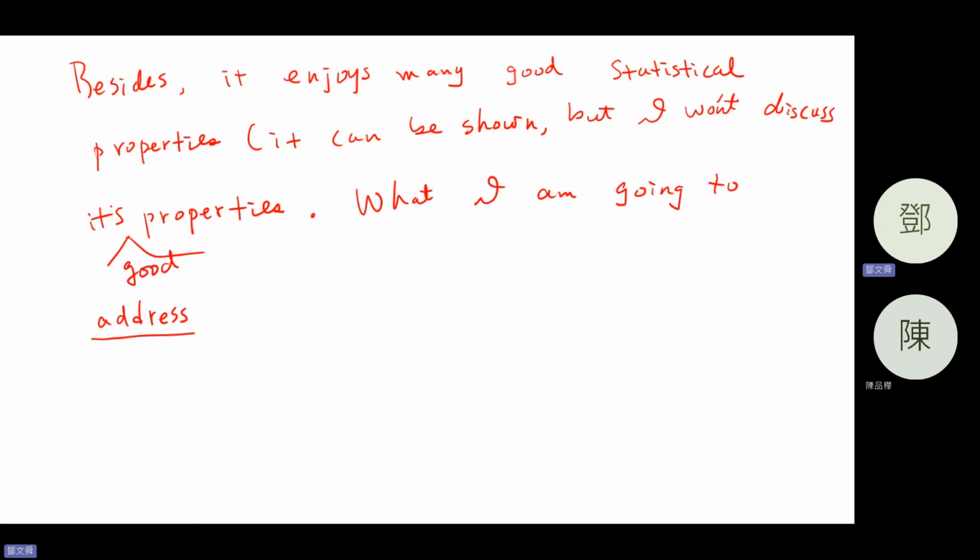Address is where you live, but here address means discuss.